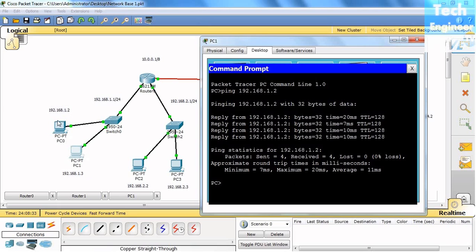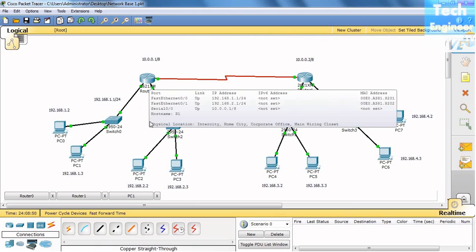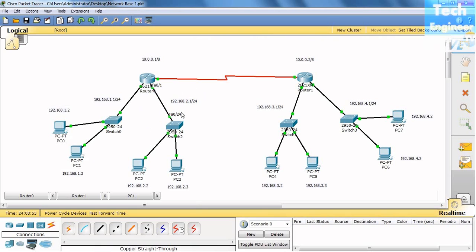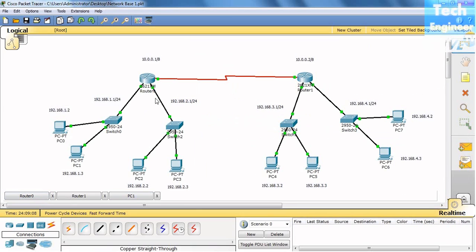PCs are connected with each other via the switch, but this particular PC can also connect with PC 2.3 and 2.2, because this PC is basically sending a packet to the router, and the router knows that this range is also a native network. It also belongs to router 0. The router knows that these two networks belong to it, so it should transfer the request to the other network.